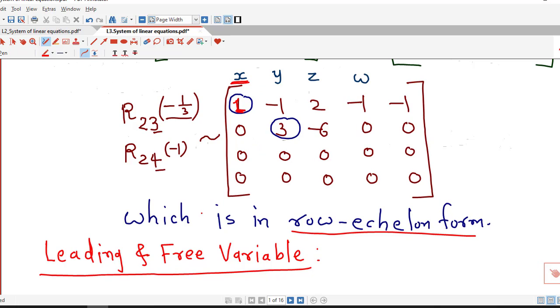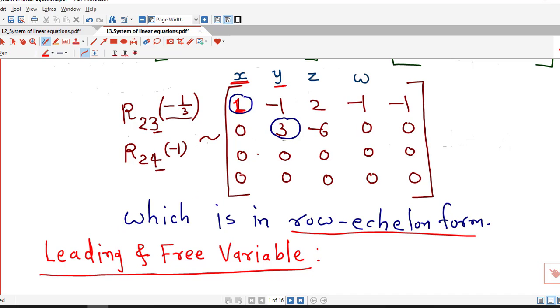Therefore x is leading variable. Similarly, the first non-zero entry of second row corresponds to variable y. So y is also leading variable, and there is no non-zero entry in third and fourth row.